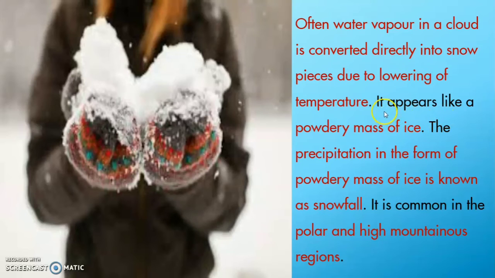Snow appears as a powdery mass of ice, and this powdery mass of ice is known as snowfall. Snowfall is common in the polar and high mountainous regions. Is it clear children? So children, the various forms of precipitation are rain, sleet, freezing rain, hail and snow. So far did you understand children? Good.